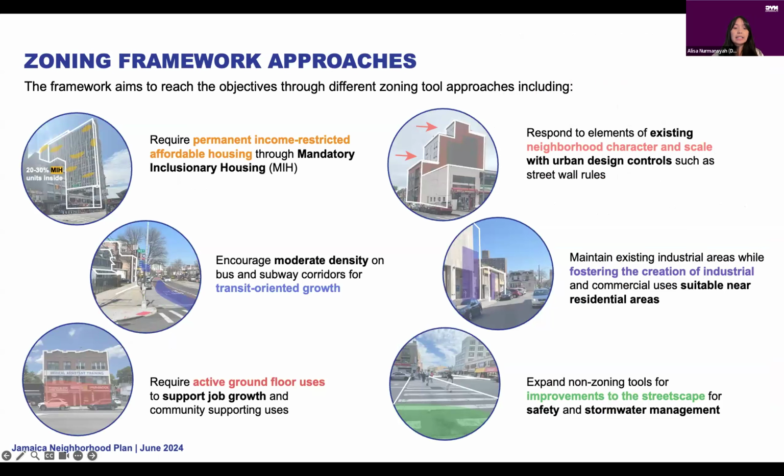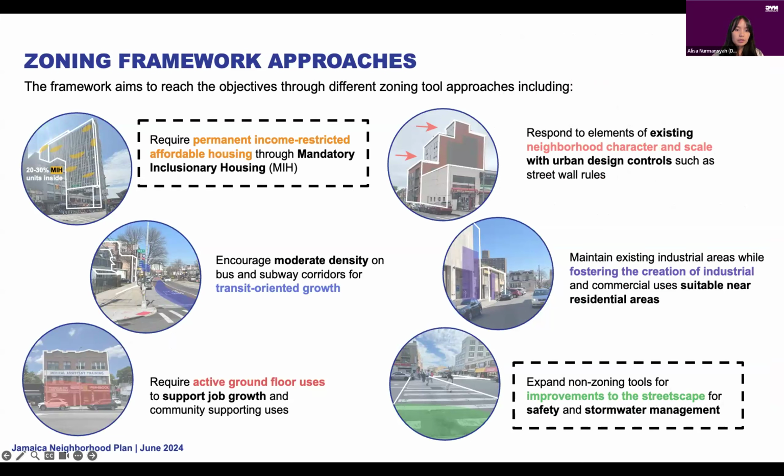So to connect this area back to the zoning proposal as a whole, here are the zoning tools we are using throughout Jamaica that help support the goals we shared earlier. These include zoning tools that require ground floors to be active, urban design controls that help create buildings with a uniform look, and others. But today, we want to briefly reiterate two approaches that will be relevant to this area.